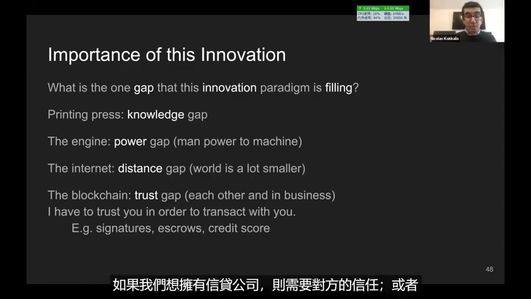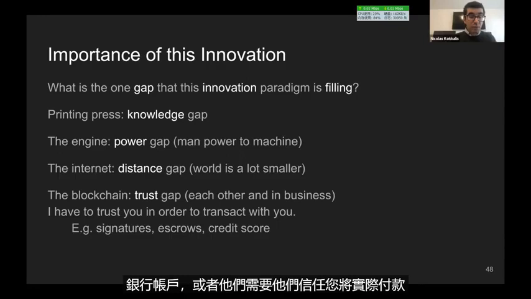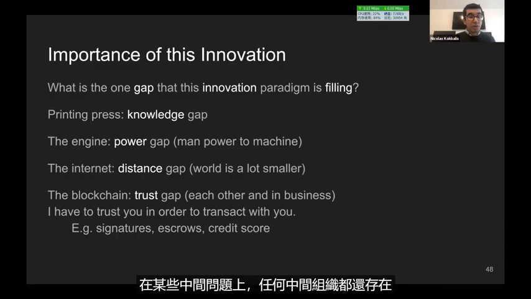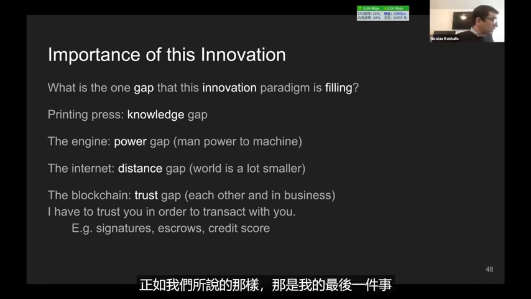We need the trust if we want to have credit companies or bank accounts, or they need to trust that you will actually pay your debt at the end of the day. All these things, now all of a sudden, with blockchains and with smart contracts, can be part of the code. So you don't need any more intermediate parties for certain things. Still in the digital world, but more and more things become digital as we speak.